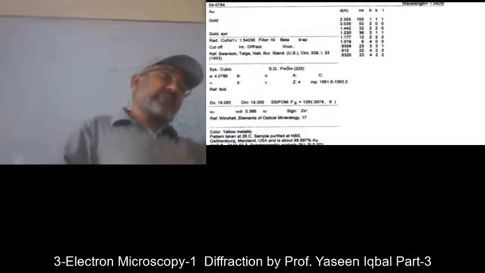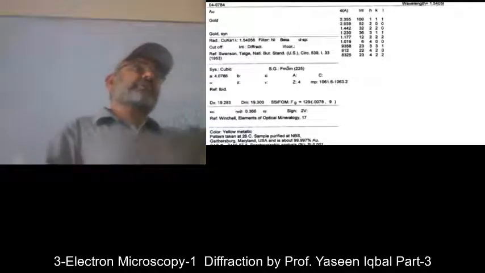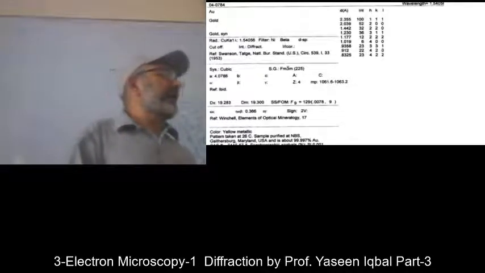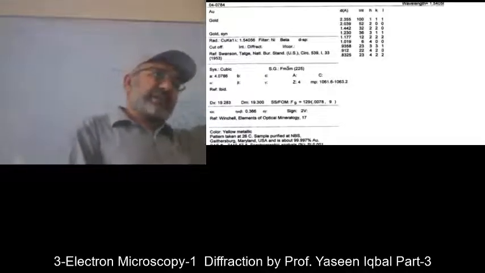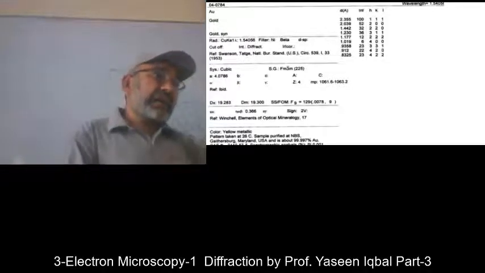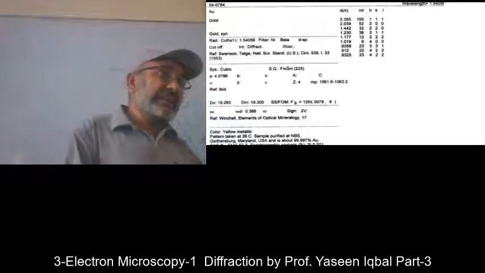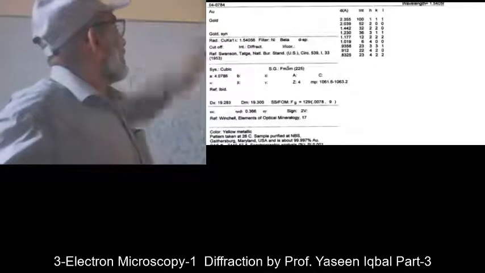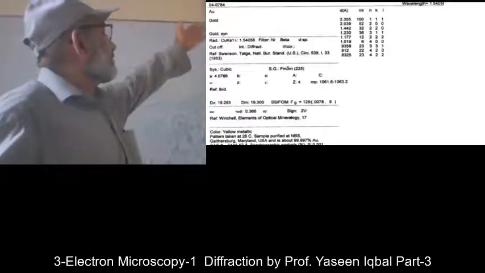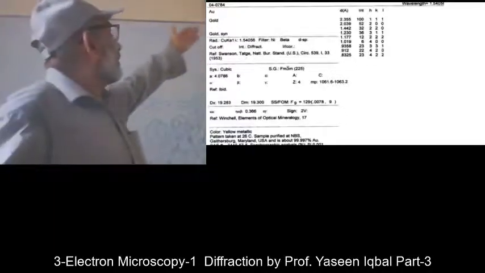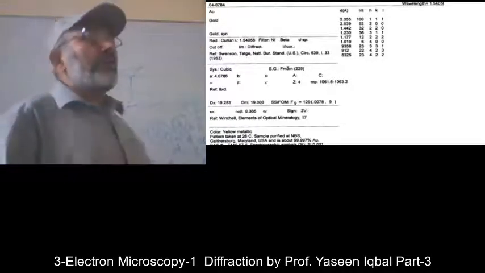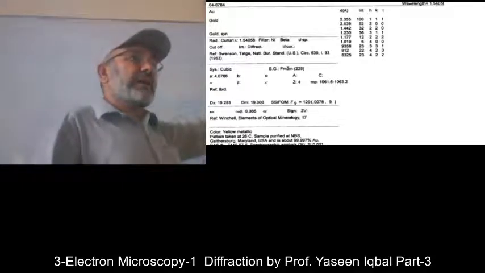And you give in reference that I calculated all the d values reported in this table from the diffraction pattern experimentally, then compared these with the JCPDS card number or the ICDD card number 04-0784 for gold, right?